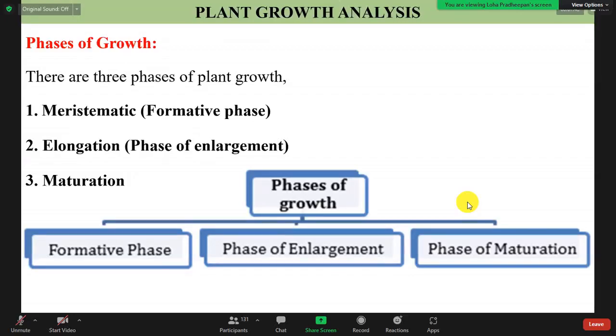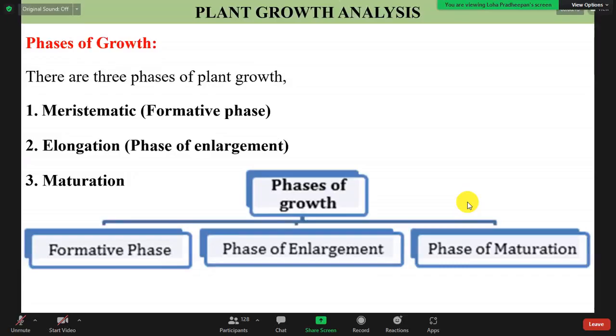The second phase is elongation, where after cell division, enlargement or elongation of the cell happens. In the third, maturation, lignification, like hardening, happens in the plant. So we can divide the phases of plant growth into three, starting with the formative or meristematic phase, when cell division is happening.